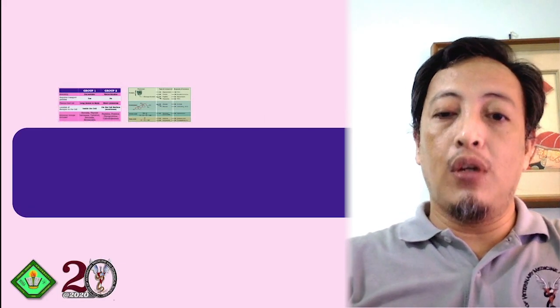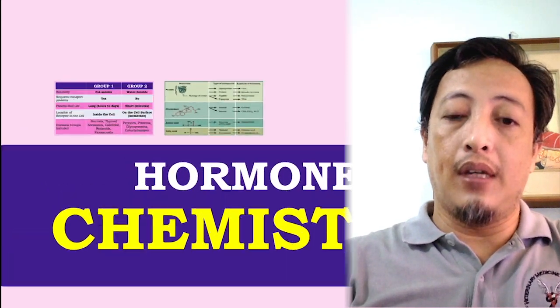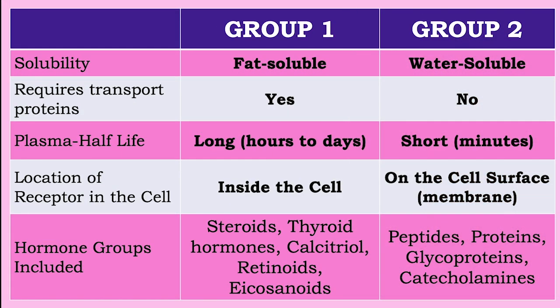Okay? Now we go to hormone chemistry. Okay? So hormones are actually grouped into two based on chemistry. So ang basis for this grouping is yung solubility nila. Okay? So yung group 1 are the fat-soluble hormones and the group 2 are the water-soluble hormones. Okay?